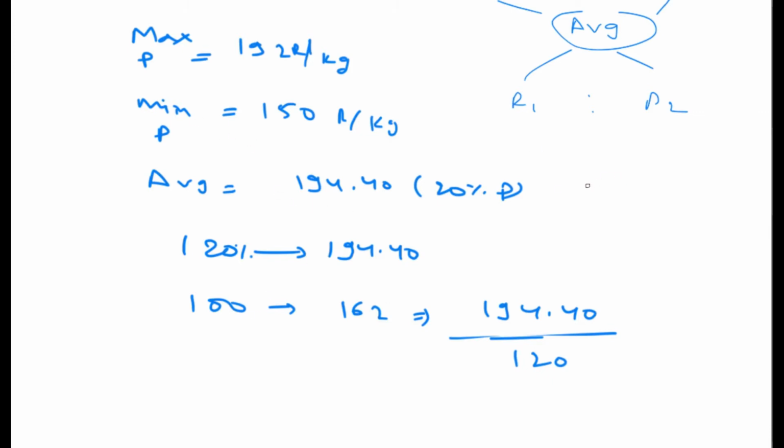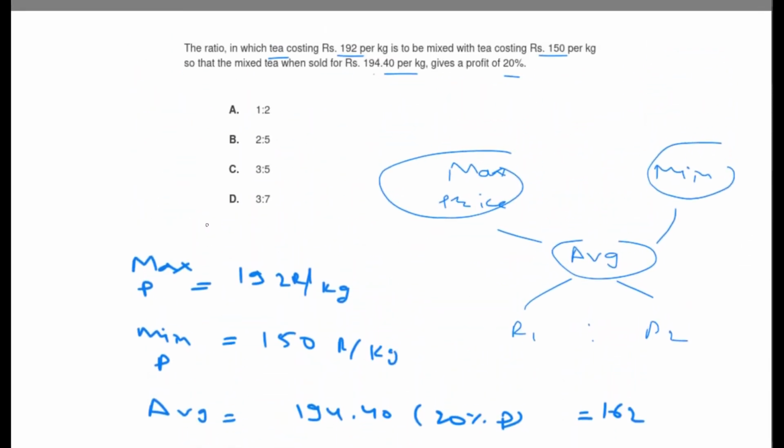And now we have the average price as 162. We'll proceed to find the ratios according to this formula.